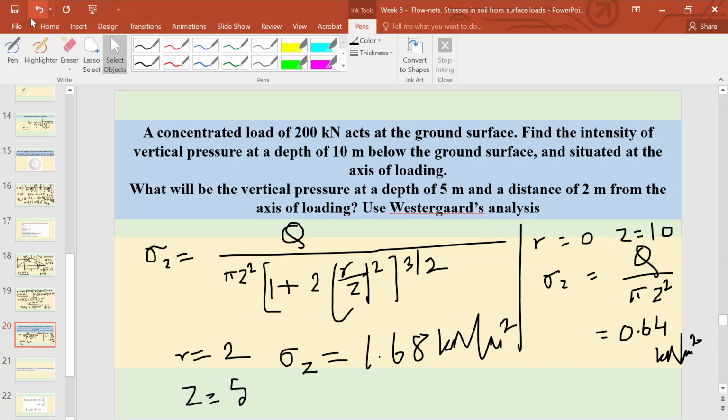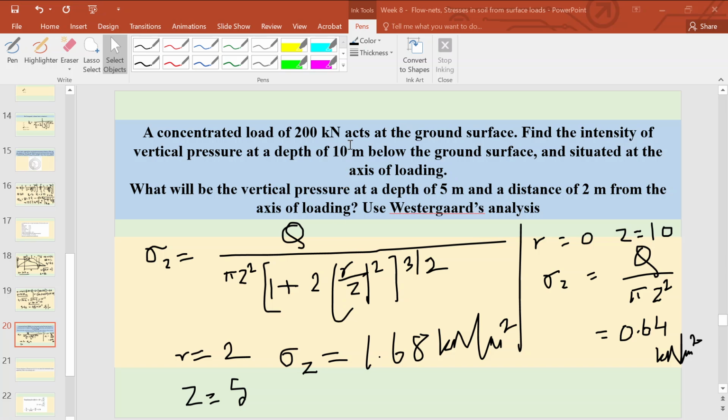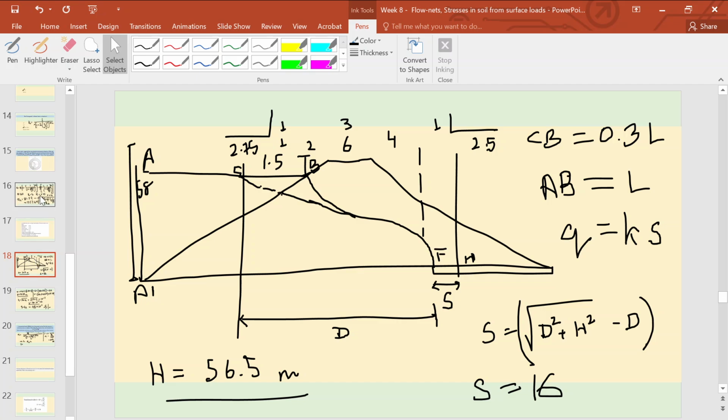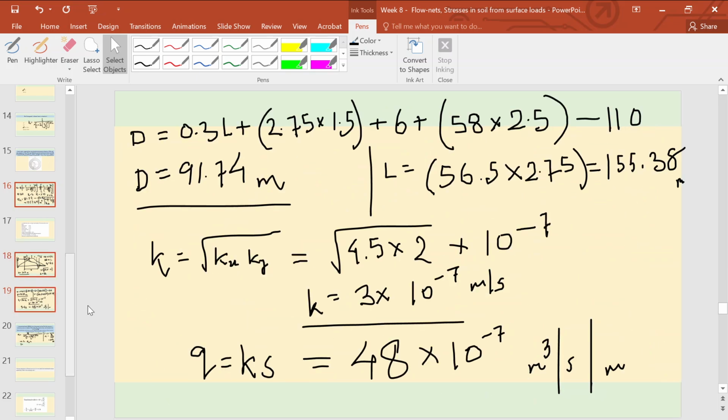I'll do one thing. I'll open a new blank presentation because the last sum was very tedious. It takes time. So what I'll do is copy this solution from here to a new PPT. Even if the format is wrong, no issues. I can just copy paste the thing.